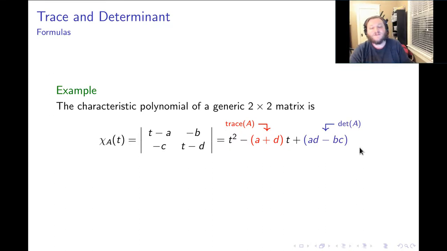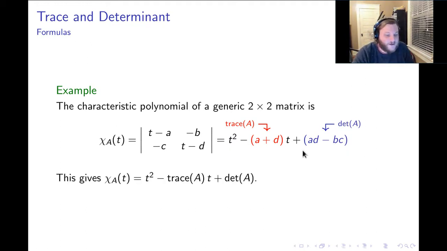So this gives us a cool formula for the characteristic polynomial of any 2 by 2 matrix. The characteristic polynomial of any 2 by 2 matrix is always t squared minus the trace of the matrix times t plus the determinant of the matrix. So what we're finding is that the characteristic polynomial has coefficients that are relevant to the original entries of the matrix.